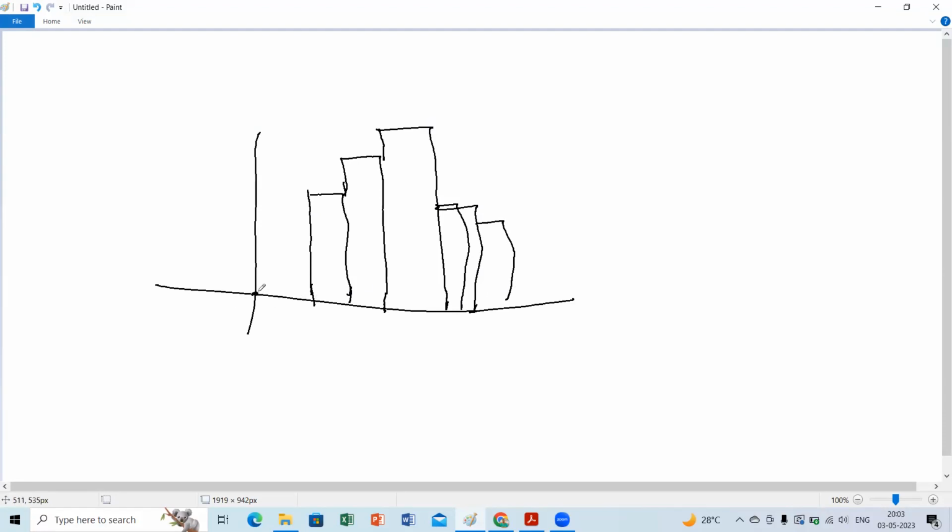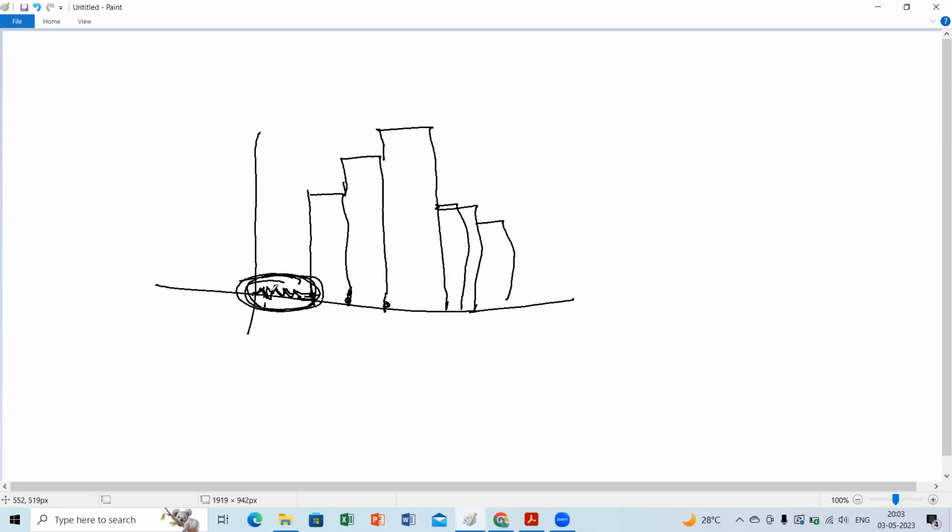But here there is some insufficient data. This zigzag curve shows that the rest of the data is not available. They won't give this part; they start from somewhere in the middle.